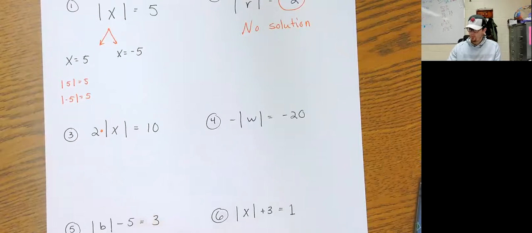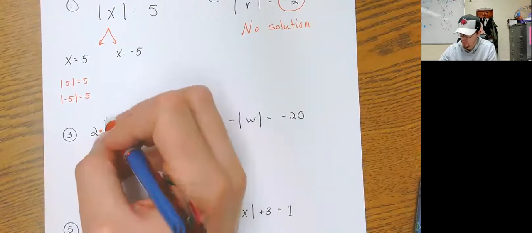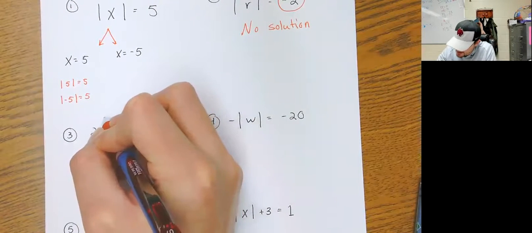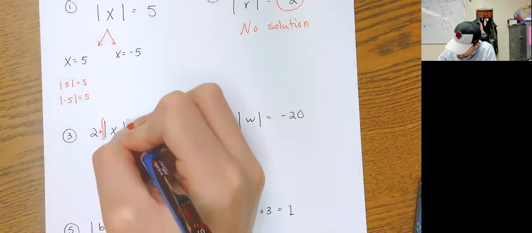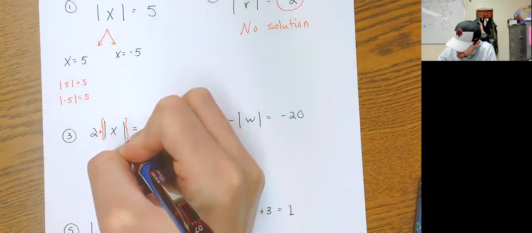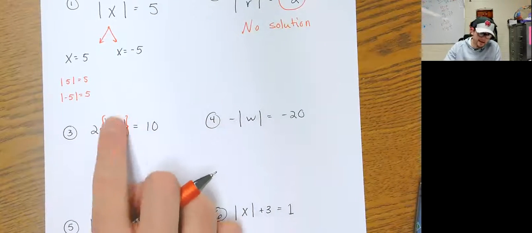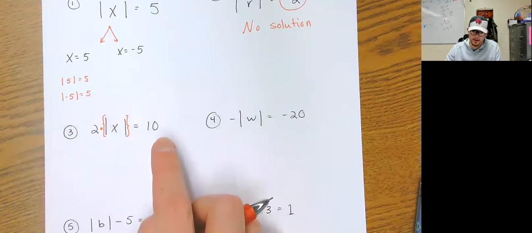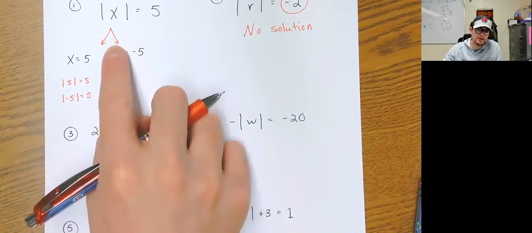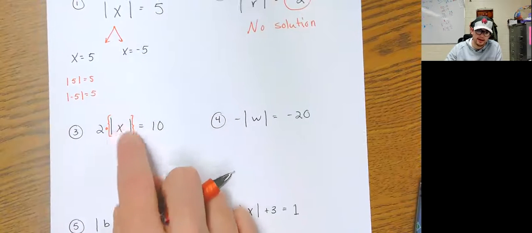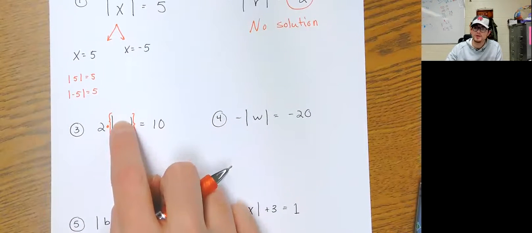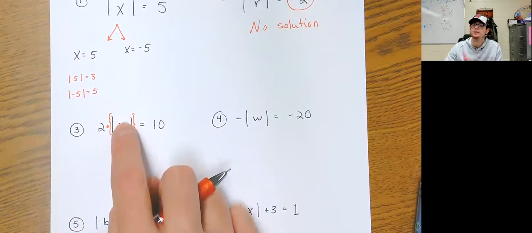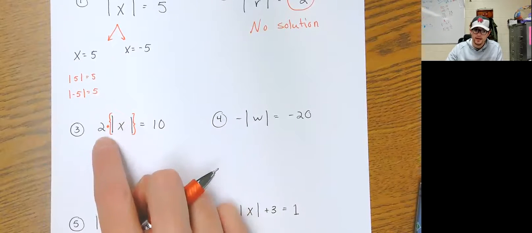A way to envision this is to see the absolute value as one thing. Before I can break this absolute value apart, I first have to cancel out everything outside of it. And what's outside of it is multiplication.